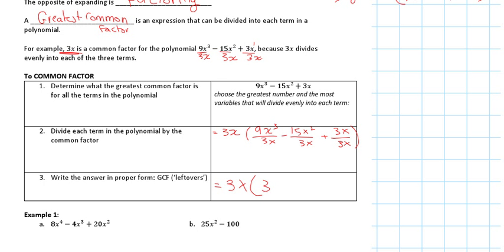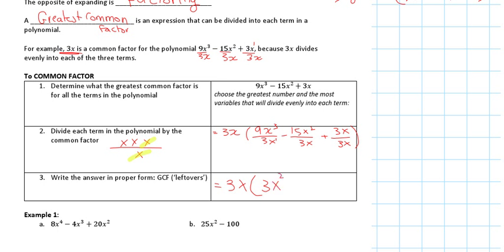X cubed means x times x times x. You're dividing that by an x, so this and this cancel each other. What do you have left? X squared. If I'm dividing x cubed by x, basically I'm subtracting my exponents. 3 minus 1 is 2, so I'm left with x squared.